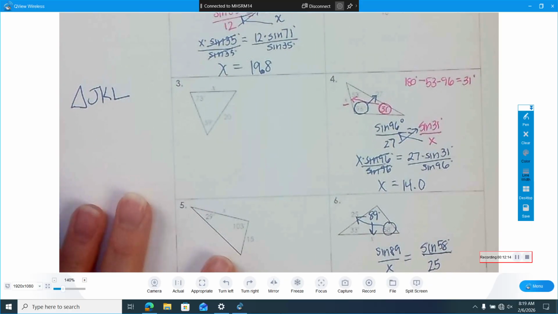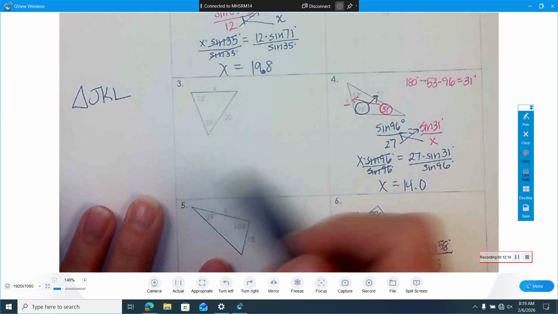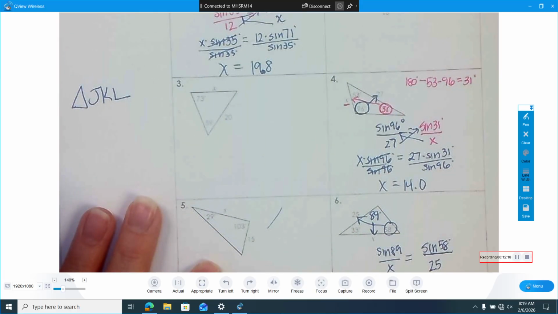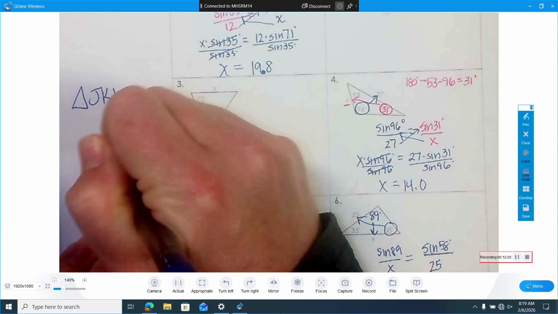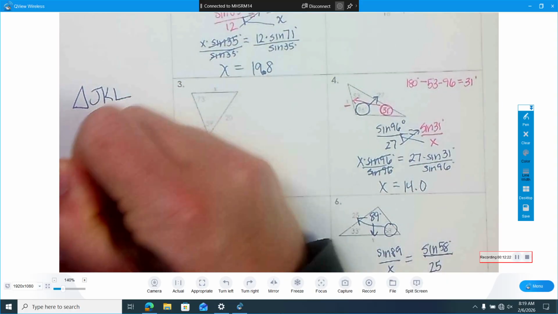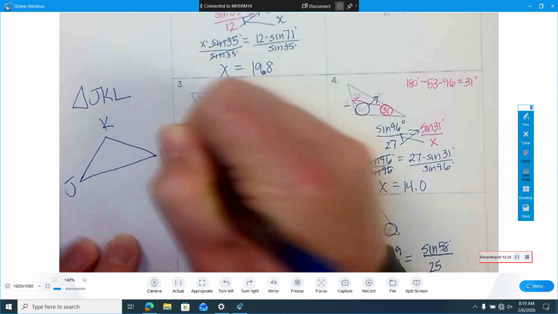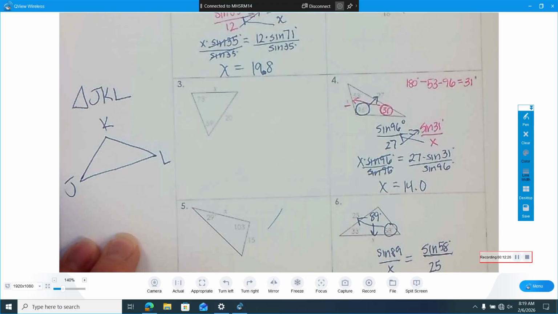What should you do if they give you a triangle like this, but they don't give you a picture? Draw one, absolutely. You can draw any triangle you want. You're going to label J, K, and L. And what would lowercase j be?